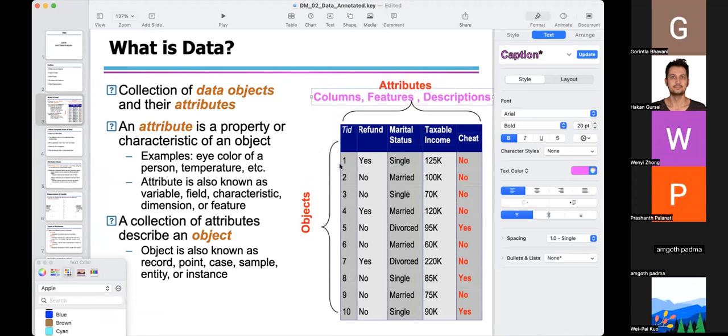The objects themselves are on the rows, so they are also called records. Or the rows. So these are the rows of the table.